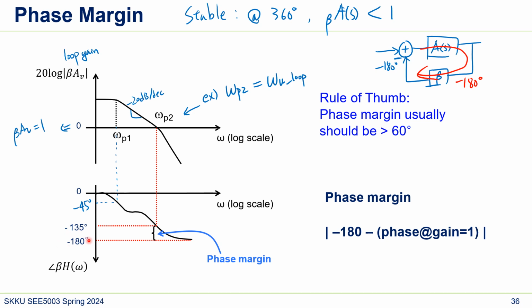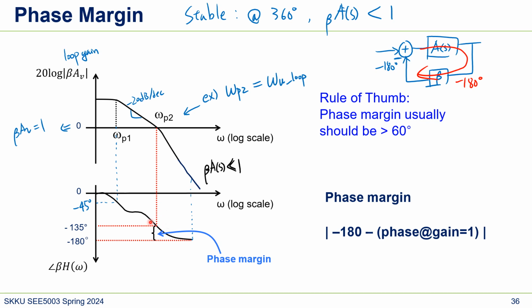When the phase is 180, the gain would be here. What's the gain? The gain is the loop gain, beta A(s), which is smaller than 1. Well, actually a lot smaller than 1. So this is stable.